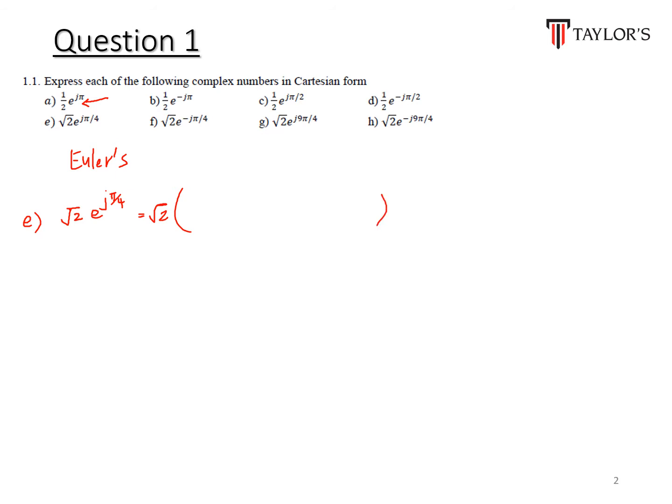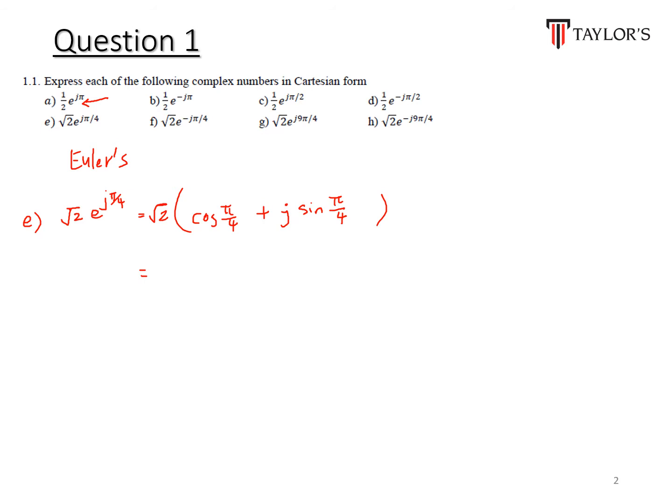You will get cosine of pi over 4 plus j, remember there's an imaginary number here, sine of pi over 4. At this point onwards, you can just press your calculator to find out what exactly cosine pi over 4 is and what sine pi over 4 is.